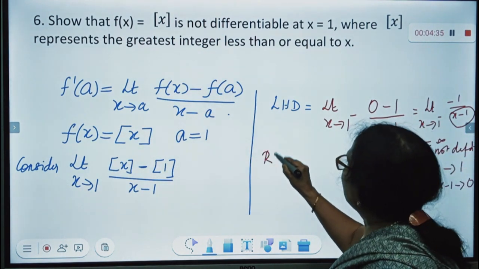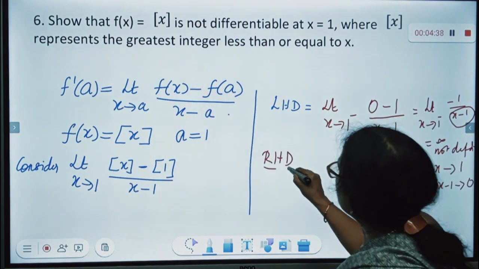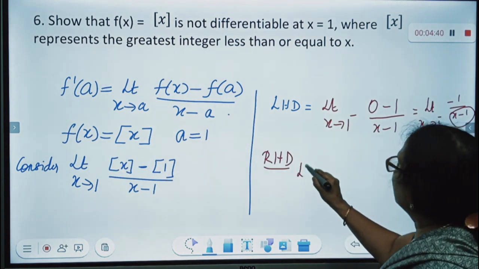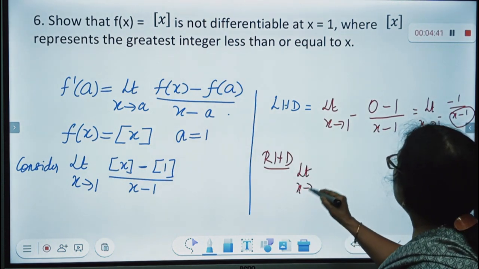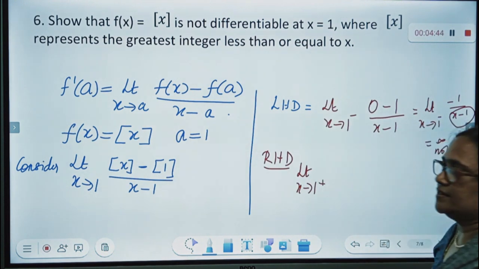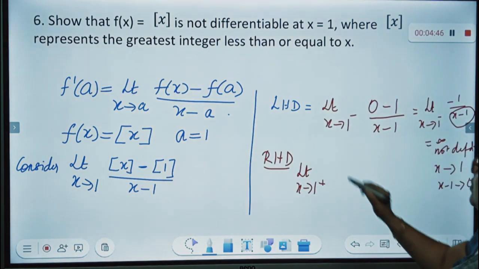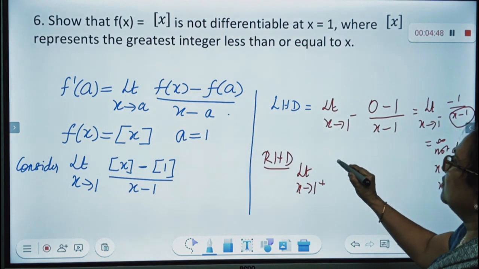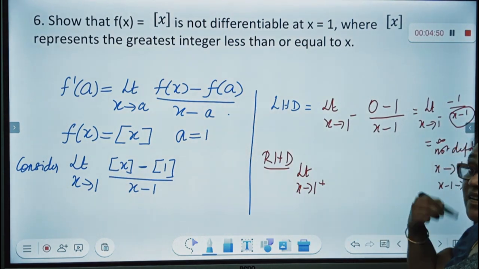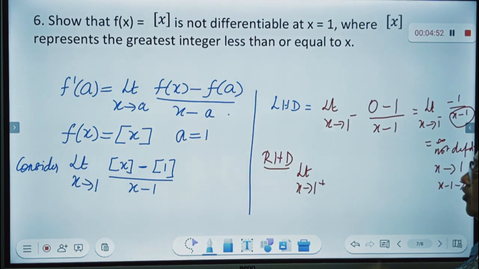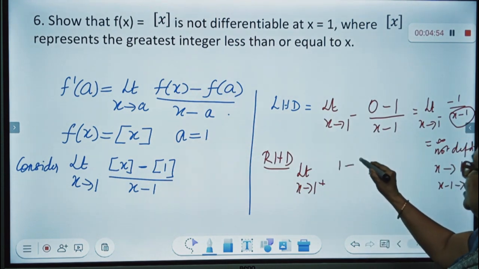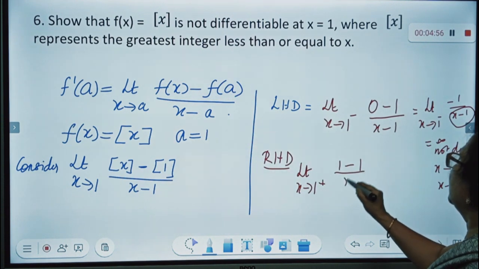If you want to check the right hand derivative also, what is the right hand derivative? The right hand derivative will be the limit as x tends to 1 plus of square bracket of x. When x is greater than 1, this will be 1 minus 1 by x minus 1.